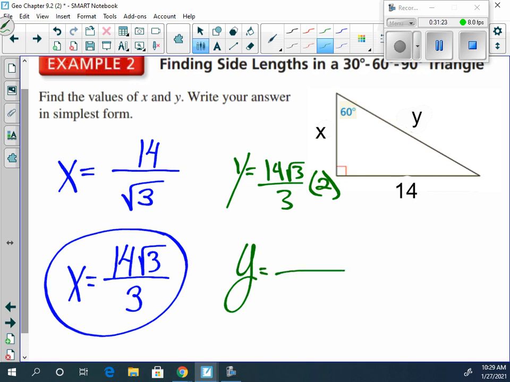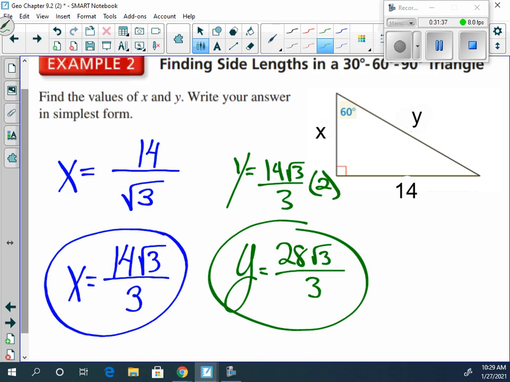We're going to multiply it by 2 to get the hypotenuse, because again, the hypotenuse is twice the shortest side length for 30, 60, 90 right triangles. This would give us 28 square root of 3 over 3. And again, if you're hopefully starting to notice, this is all revolving around the shortest side length, because once I get it, I can go in either direction.